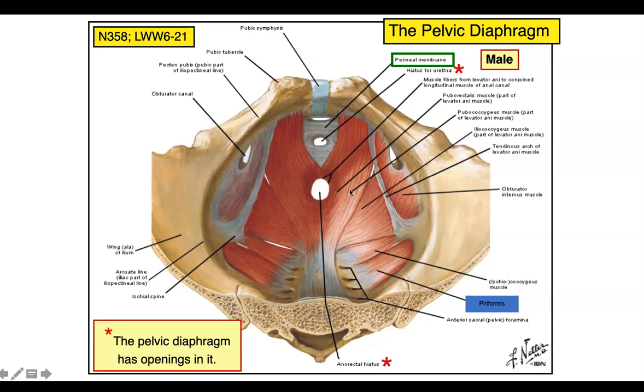The levator ani surrounds the anal hiatus, and posteriorly the coccygeus muscle arises from the ischial spine and is attached from the ischial spine to the coccyx. Ischiococcygeus, or coccygeus, forms the most posterior part of the pelvic diaphragm. So in the male, through the pelvic diaphragm, there are two openings: one for the urethra and another for the anal canal.